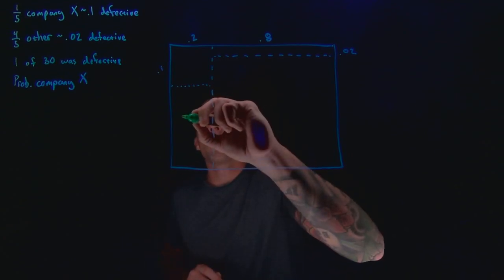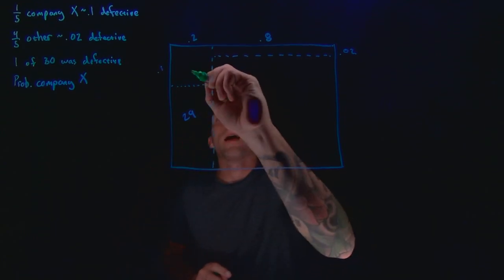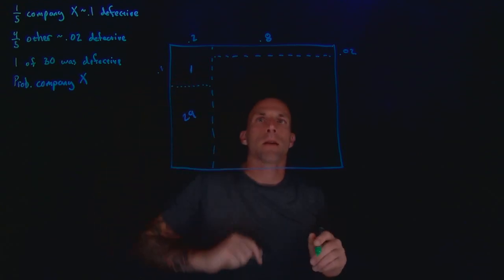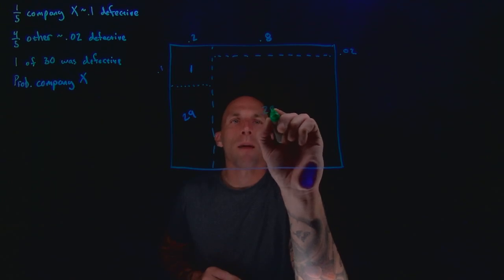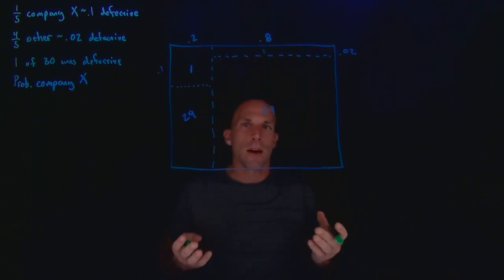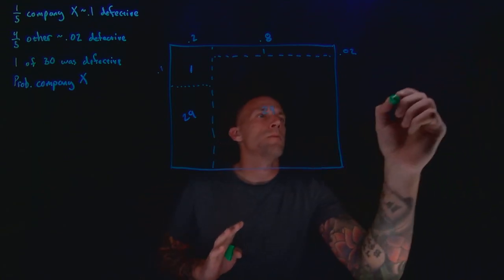Either we drew 29 from company X and they were okay, and then one of them was not okay, so 30 total with one defective. Or we were choosing from the other companies and we grabbed 29 that were fine and one that was defective. So let's convert that into a fraction.